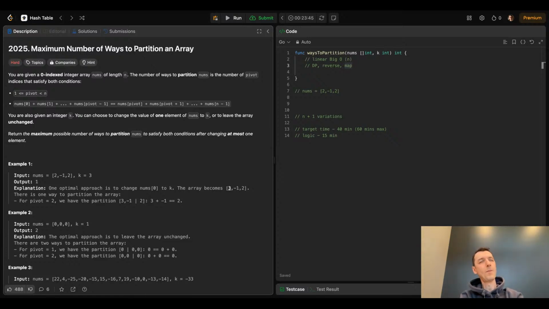So what does changing one number change in the whole picture?